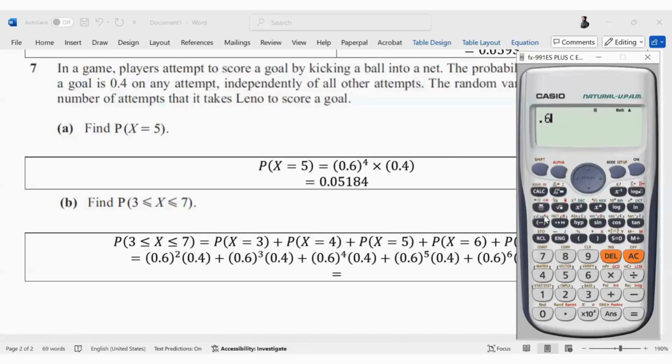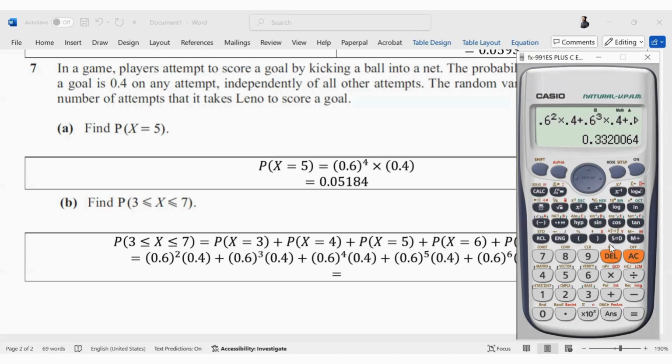So 0.6 square into 0.4 plus 0.6 cube into 0.4 plus 0.6 to the power 4 into 0.4 plus 0.6 to the power 5 into 0.4 plus 0.6 to the power 6 into 0.4.